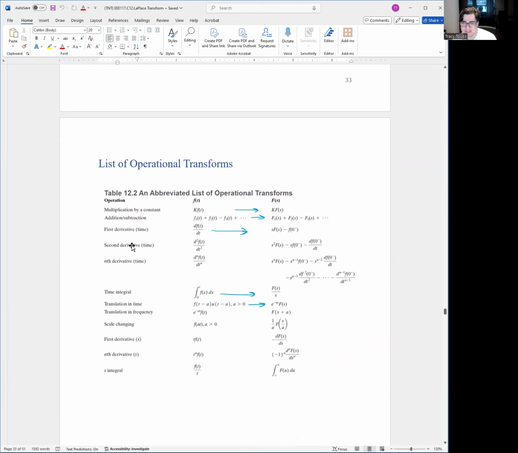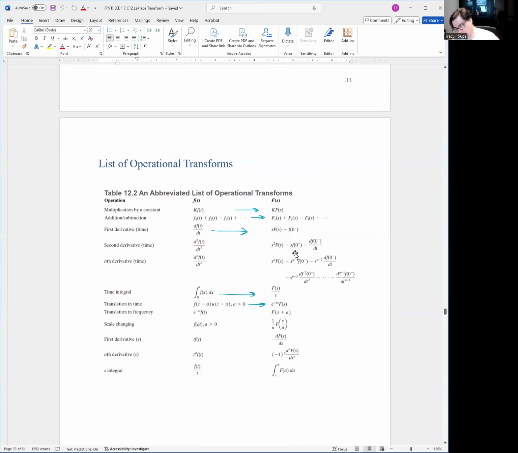You technically have a second order differential, which is d squared f of t over dt squared. So it's a second order differential. You could follow the same logic here. Second derivative is s squared F(s) minus s times the original initial condition.